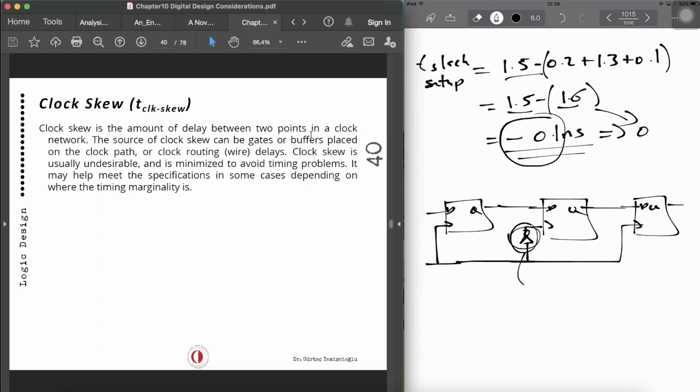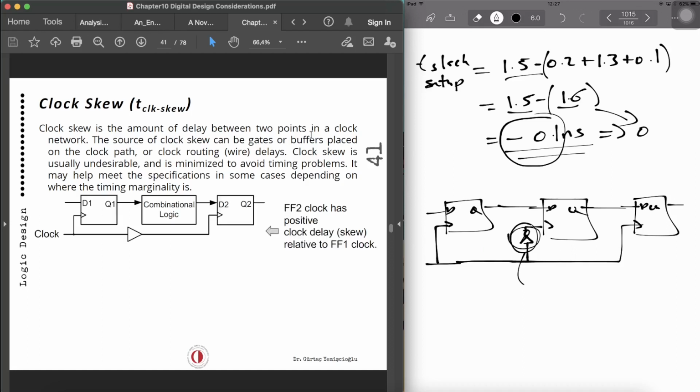So we need to think about, if we have a clock skew and we are getting some negative slack problems, how we can modify the circuit in order to not have that clock skew and meet the timing requirements.